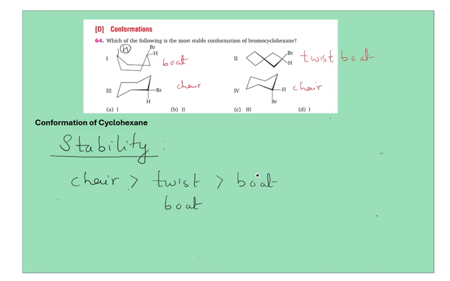That's why boat is less. And then we have half chair. Okay, so this is the stability of different conformations.